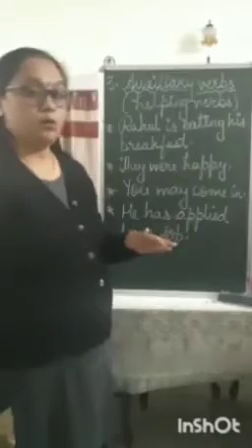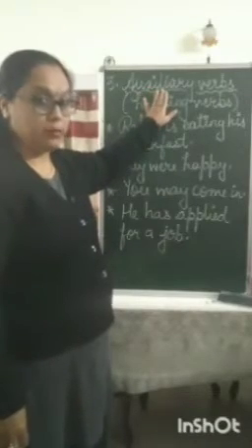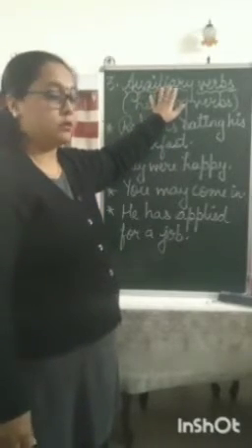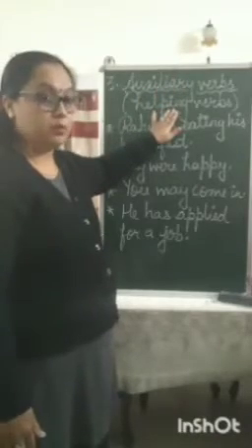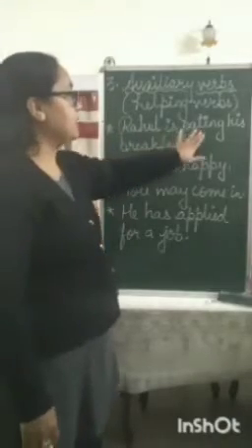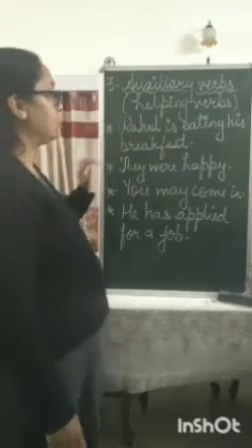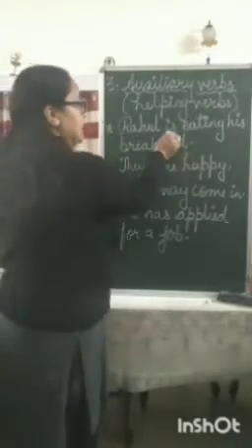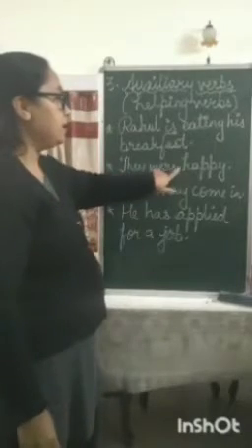Now the third kind of verb is called an auxiliary verb. Auxiliary verbs are also called helping verbs. Just read these examples. Rahul is eating his breakfast. What is the auxiliary verb here? Is. Next, they were happy.